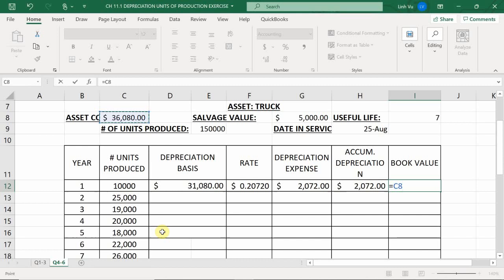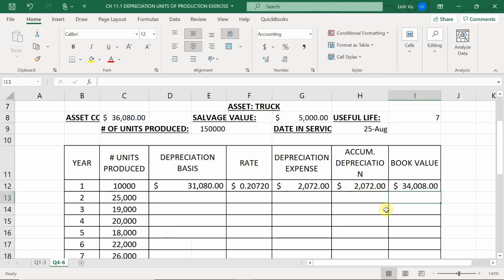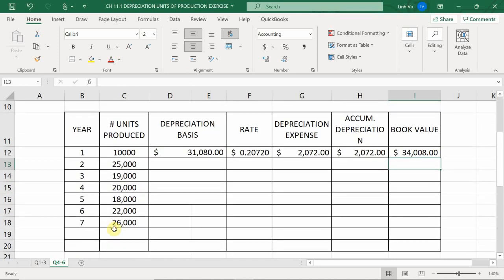Asset cost of 36,080 minus the accumulated depreciation of 2,072, so 34,008. Remember, don't get confused. Don't take the depreciation basis. It's always going to be asset cost. Therefore, my truck is now worth 34,008 if I plan to sell it. So let's go ahead and solve for the rest of the years.